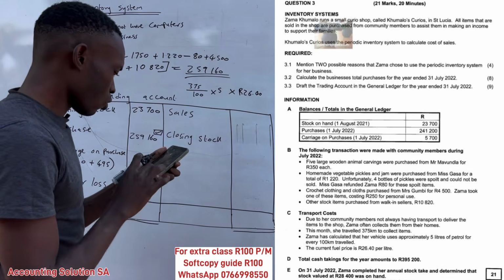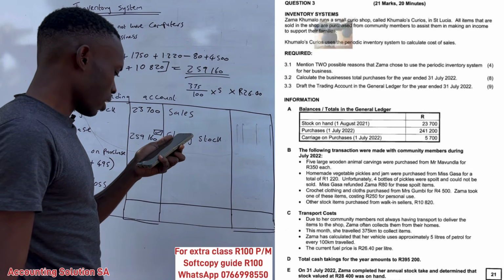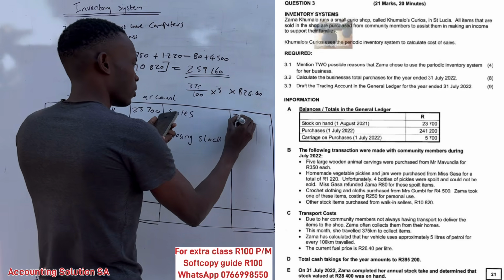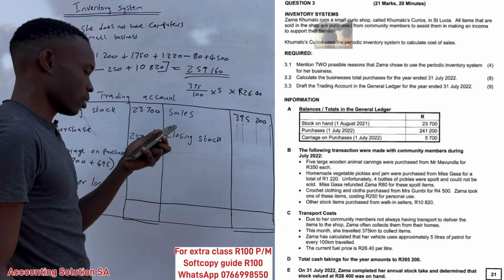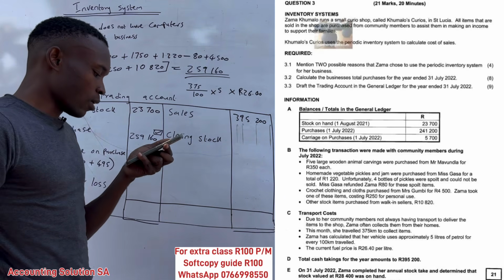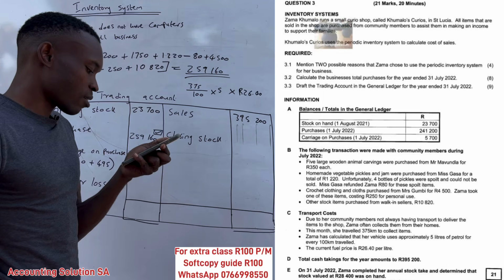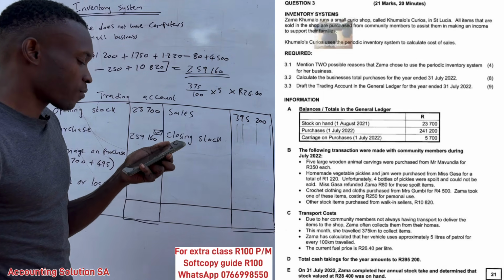Okay, closing stock, number D and E. The total cash taken for the year amounted to 395,200. That's sales. The total cash taking is sales. Okay, then on 31 July, Zama completed her annual stock take and determined that the stock is valued at 28,400.